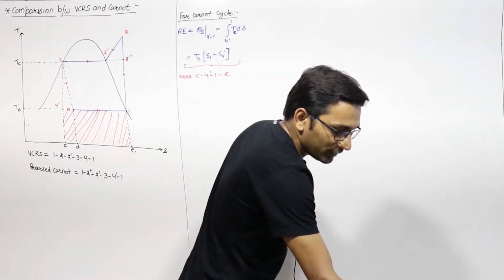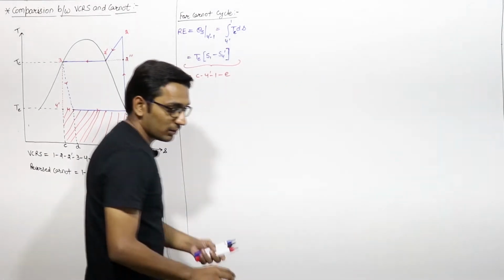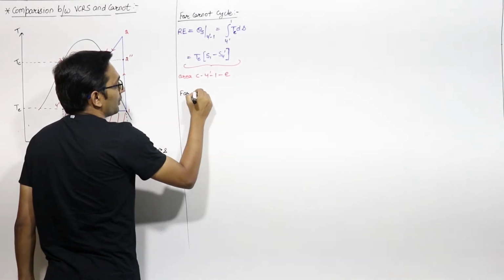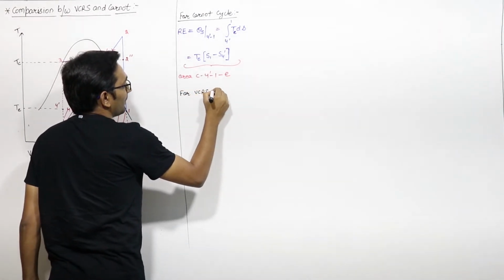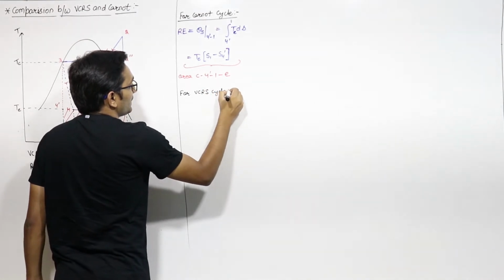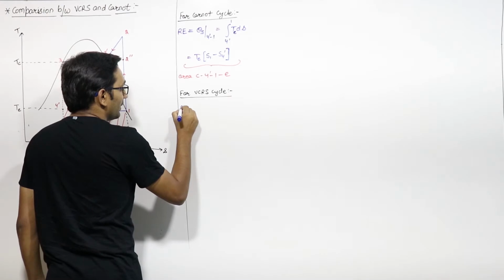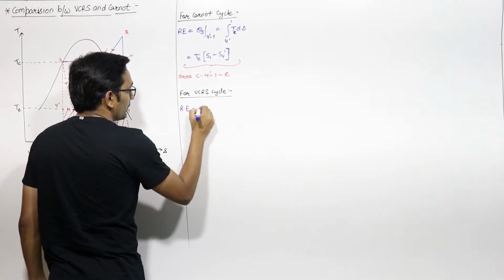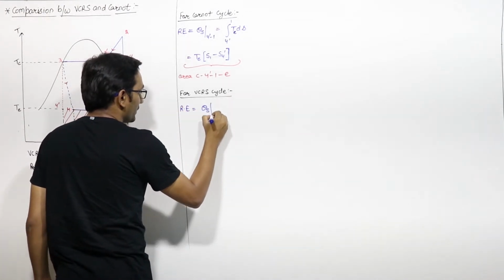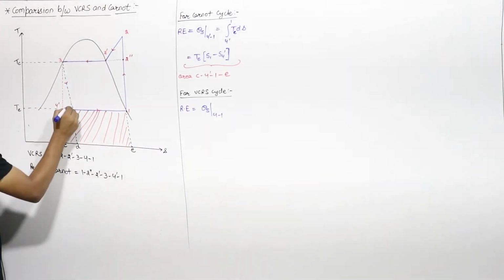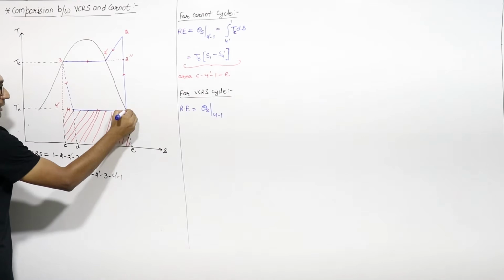Now if we talk about the vapor compression refrigeration system, the VCRS cycle, the refrigeration effect is equal to the heat supplied for the process 4 to 1, from this point to this point.